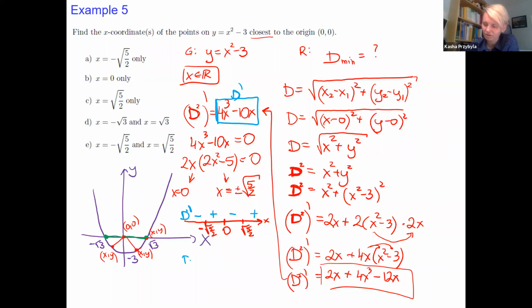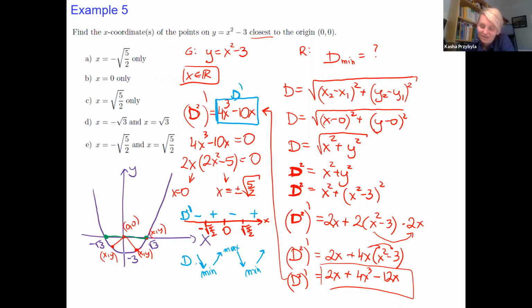You can probably do it. That means distance behaves like that: decreasing, increasing, decreasing, increasing. Okay, that means we do have minimum at these numbers and maximum at 0 actually.